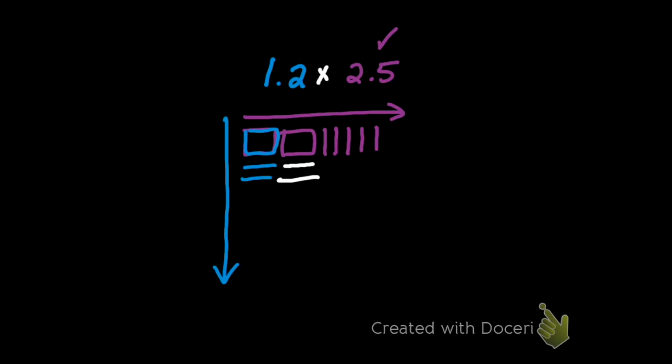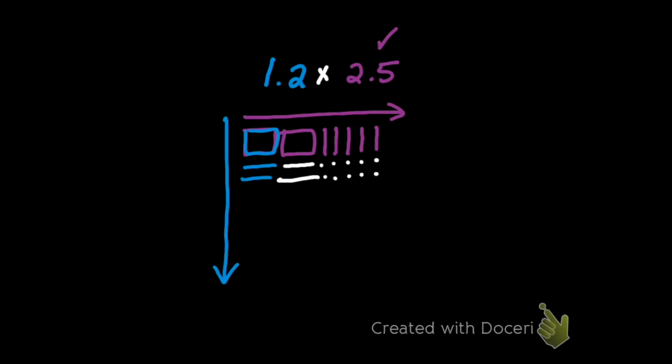Now from here, I can't fit in a tenths rod to go underneath each base 10 model. So I'm going to use the next unit, which is the hundredths unit. Okay? And now that we've filled in that missing area with the base 10 models, this is going to help us figure out the solution.